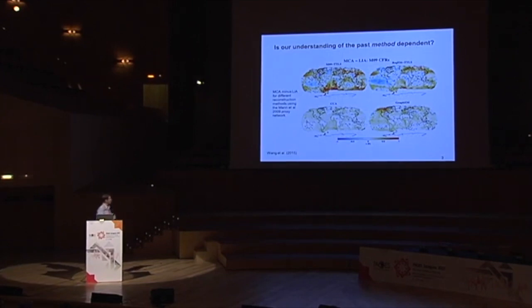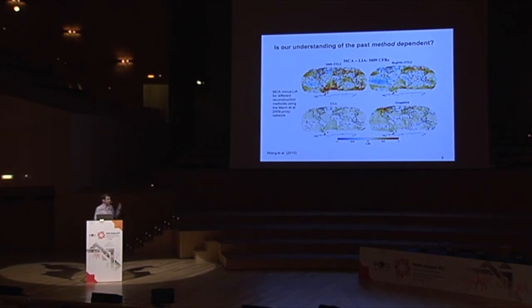Our interest is also motivated by questions recently brought up by Jing and Julien, where they did reconstructions. Julien mentioned this just barely, where you do different reconstructions using the same proxy data, and you can get very different answers when you take something like the Medieval Climate Anomaly and subtract it from the Little Ice Age.